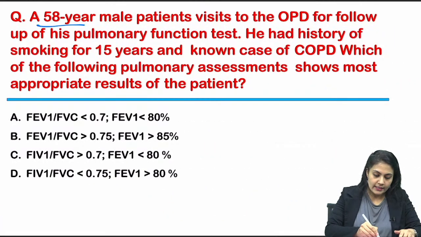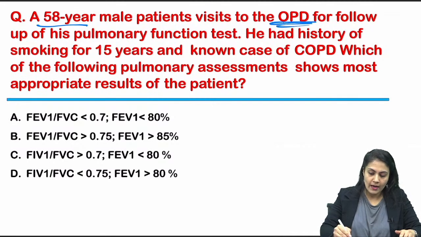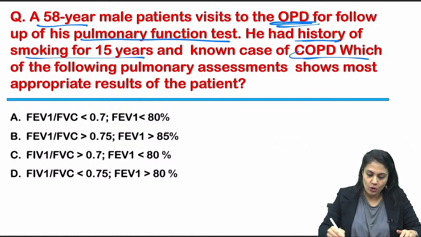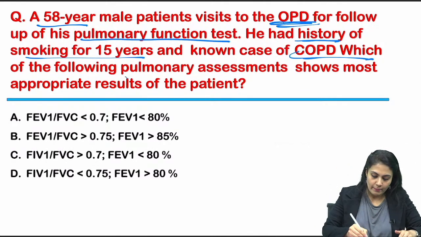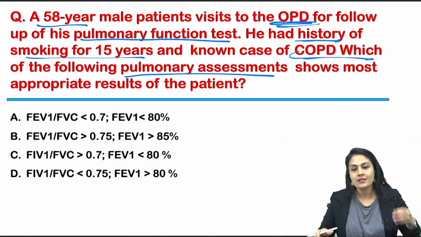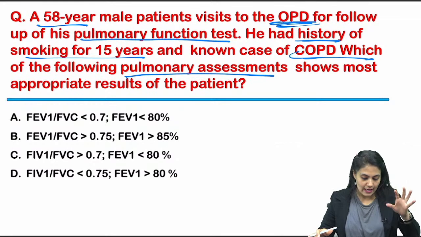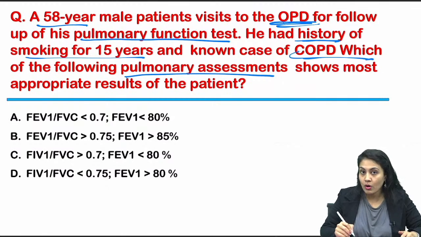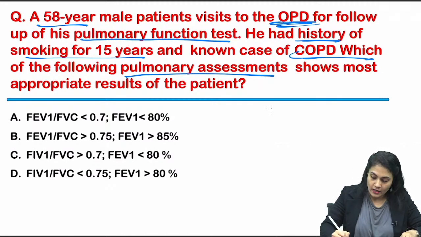Okay, a 58-year-old male came to the OPD, right? Pulmonary function test was done. History of smoking for 15 years. COPD, given everything. In pulmonary assessment, everything will be less. In obstructive disease, the FEV1 will be less. When we talk in terms of obstructive and restrictive, remember the FEV1 percentage.